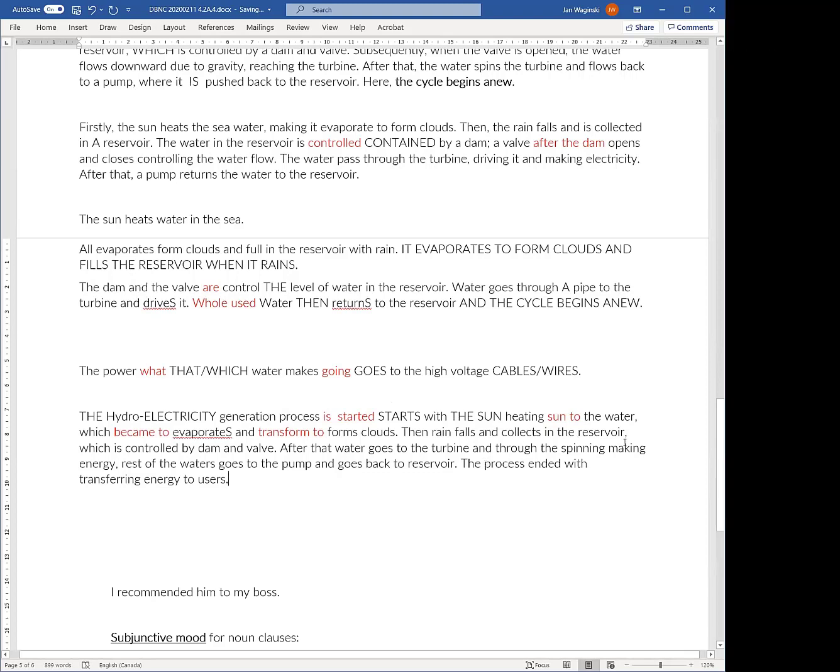Then rain falls and collects in the reservoir, which is controlled by dam and valve. Okay, so we talked about this earlier. Controlled by is not specific enough, right? Which is held back by a dam and valve.